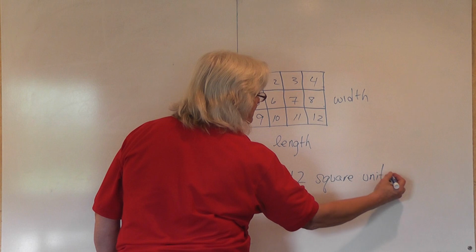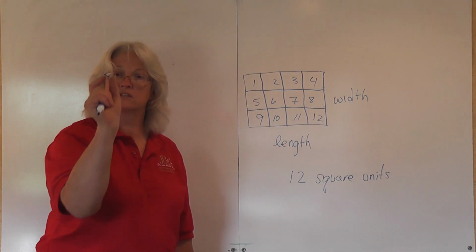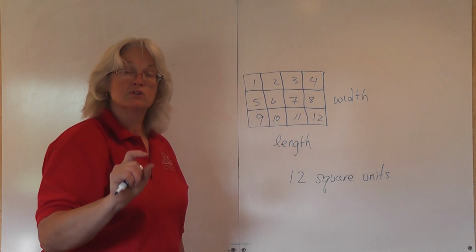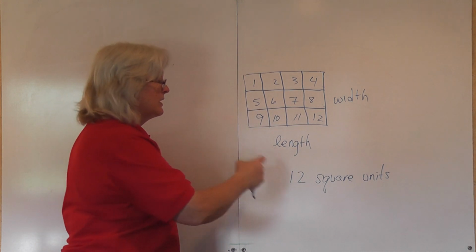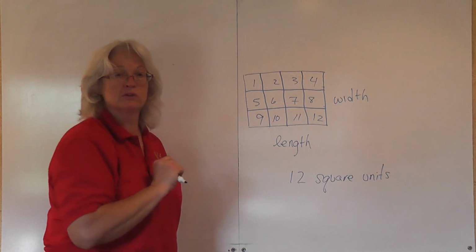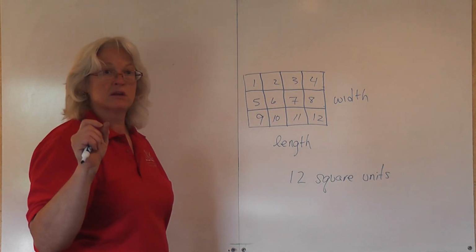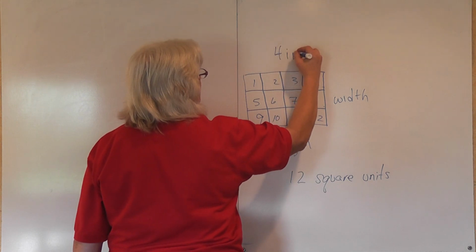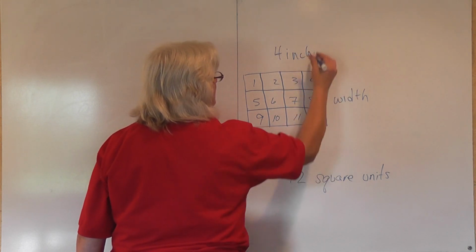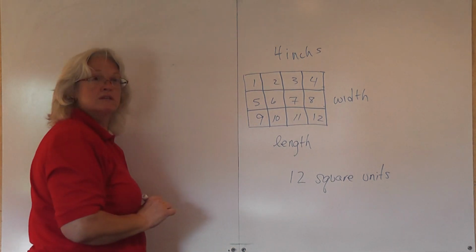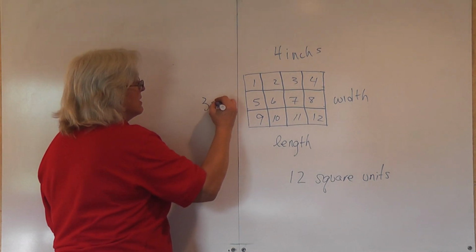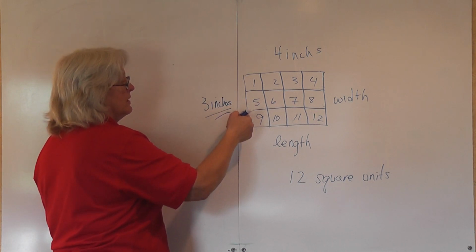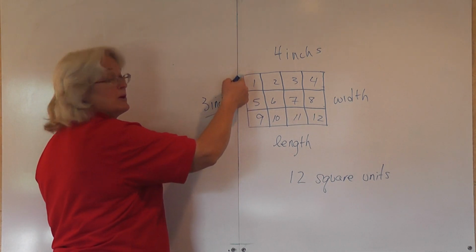Remember, at the beginning of this lecture we said that if you have something that's the same dimension on all sides, the same measurement, it's called a unit square. So we have 12 square units. We don't know what these units are. So let's just say that my rectangle that I have drawn here is 4 inches on one side, and it's 3 inches on the other side. 1 inch, 2 inch, 3 inch.